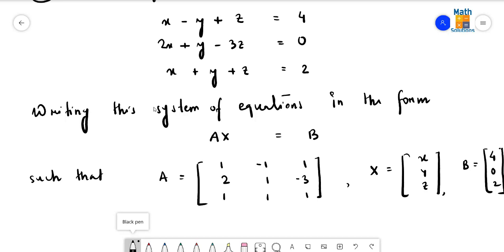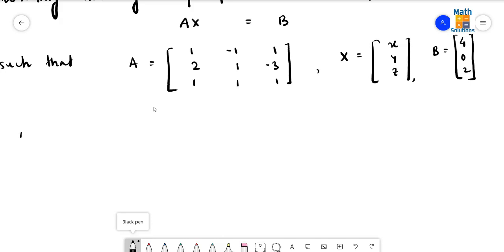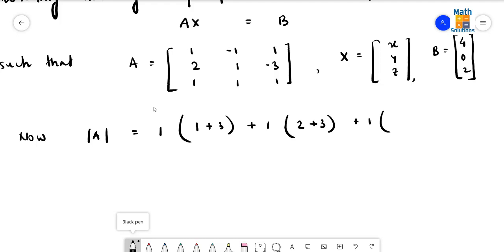The next step is to evaluate the determinant of the matrix A. So now determinant of A is equal to, expanding along the first row, I get 1 into (1 plus 3), plus 1 into (2 plus 3), plus 1 into (2 minus 1).